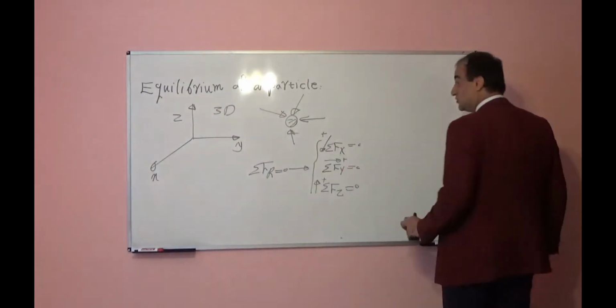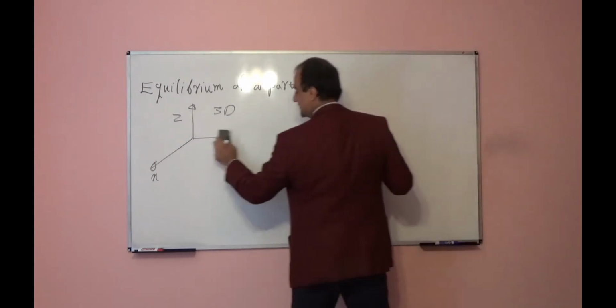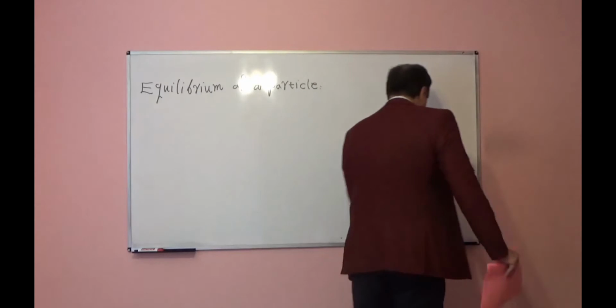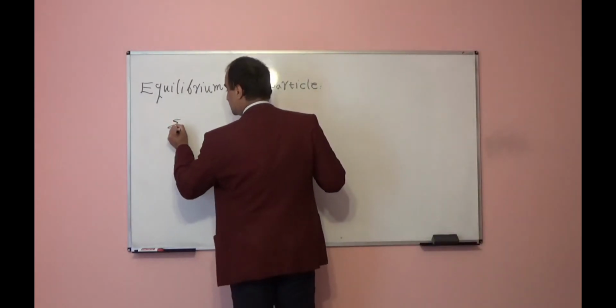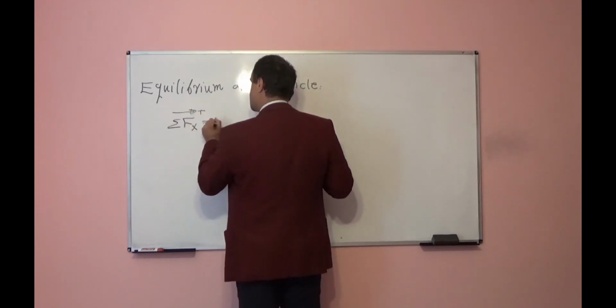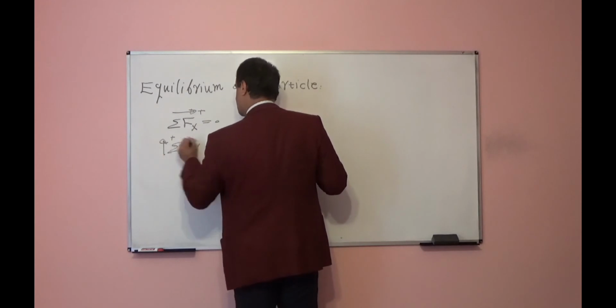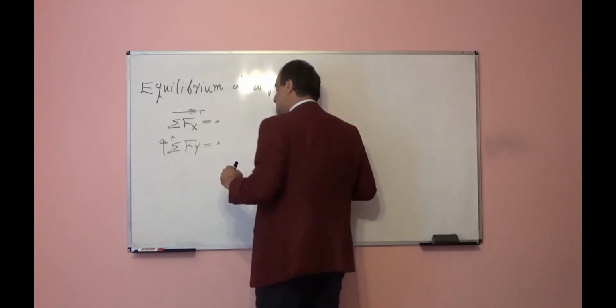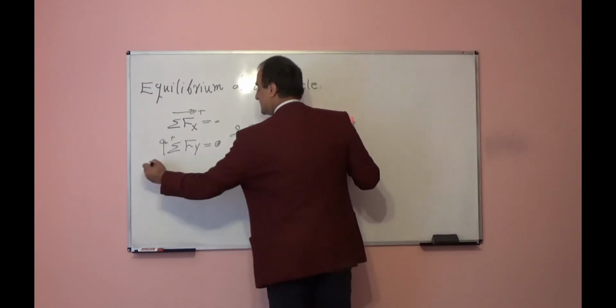In 2D space, we have only 2 directions, so we can decompose forces in the x and y direction, and if the summation of forces in the x direction is equal to 0 and the summation of forces in the y direction is equal to 0, we can say this particle in 2D space is at equilibrium.